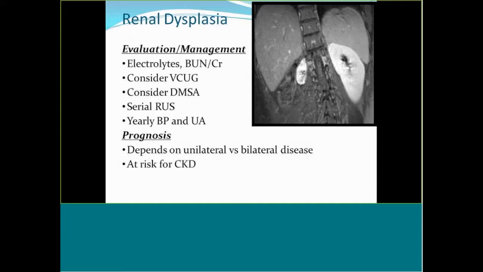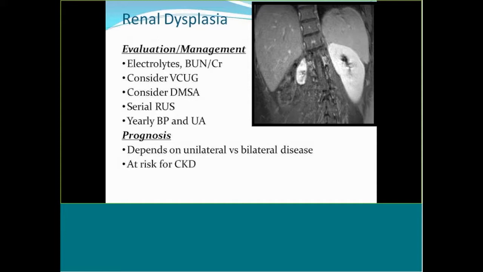People usually recommend also that you do serial renal ultrasounds because you want to assess whether the contralateral kidney is growing appropriately. Blood pressure and a urinalysis to check for proteinuria on an annual basis is really important. Again, you want to be able to detect as early as possible when these kids are starting to show abnormalities.